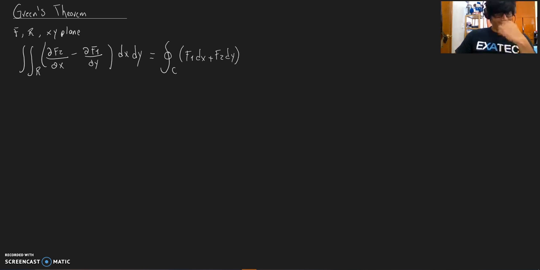Just notice that this can also be written as the line integral given as this, as we were previously talking, given that f is actually f1, f2, and dr is dx, dy.